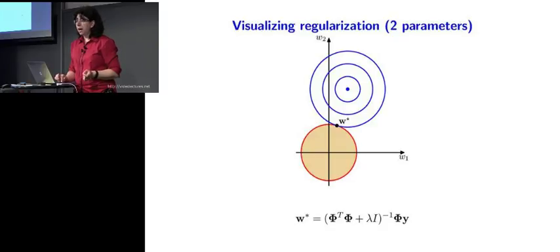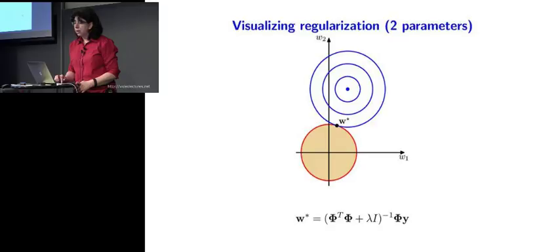Now, what does this L2 penalty say? This L2 penalty basically says, well, I would like my weights to be close to 0. So, in fact, I would like my weights to be somewhere in a circle around 0. And the radius of the circle is controlled by the regularization parameter lambda.